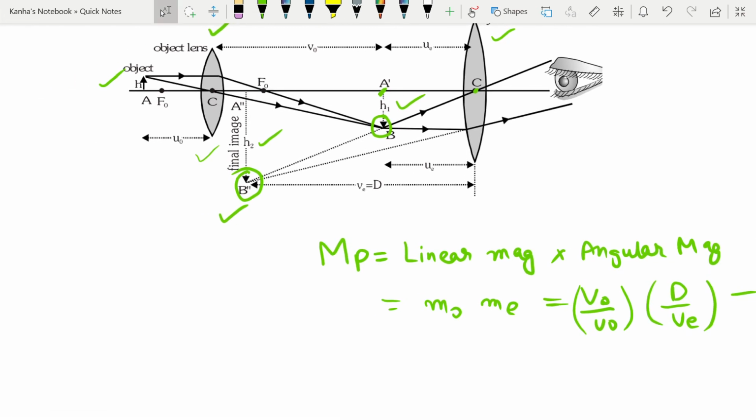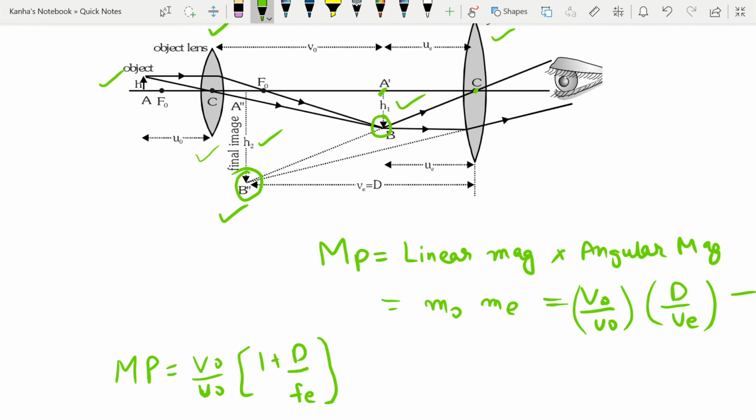When the final image is formed at the minimum distance of distinct vision, which is at d, then in that case my m is equal to v naught by u naught into 1 plus d by f e.